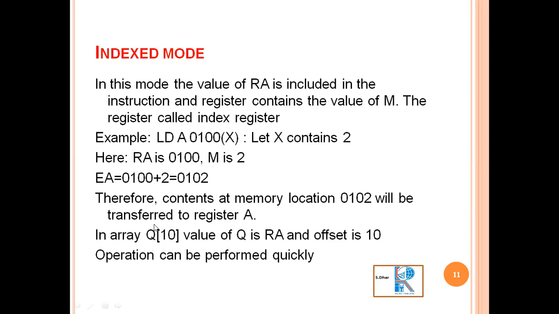So what is Q here? As this is the name of the array, this is called the reference address, and plus 10, the original value is stored. So Q plus 10 is the effective address, where Q is the reference address, plus 10 is the modifier, and we get the original effective address. Clear? So this is the index mode.